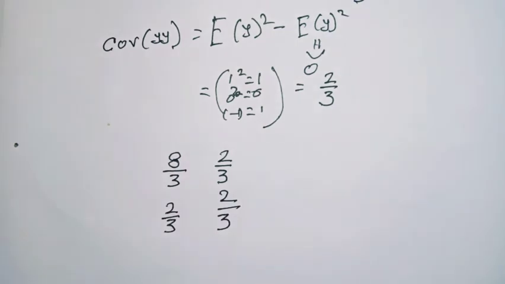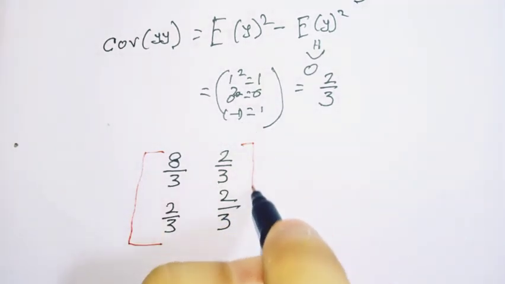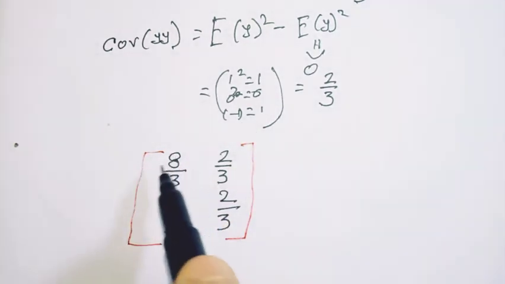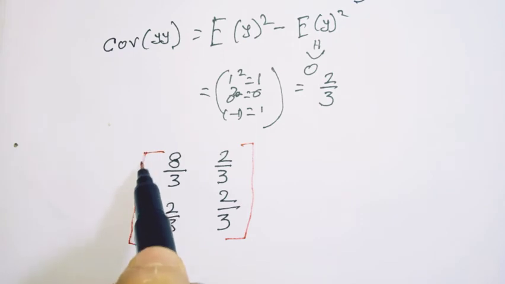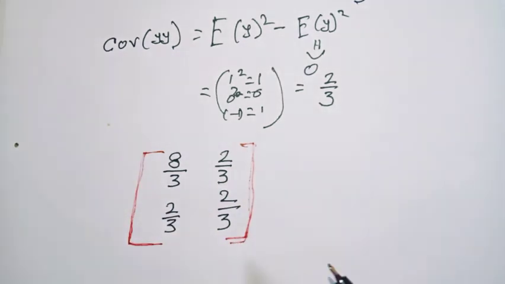Right, so we can now put the braces around. Right, so this is my first calculation in which I have shown the values of the covariance matrix, right?